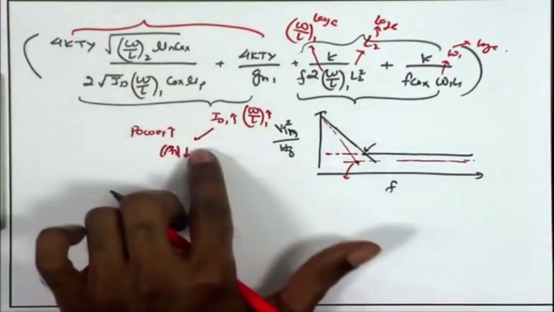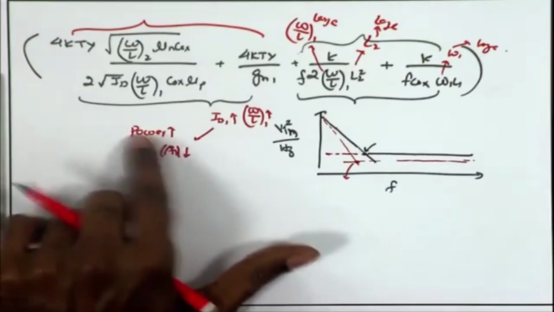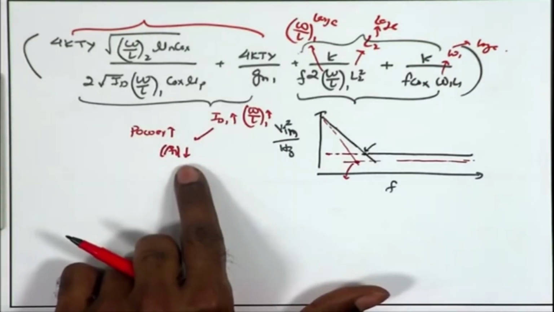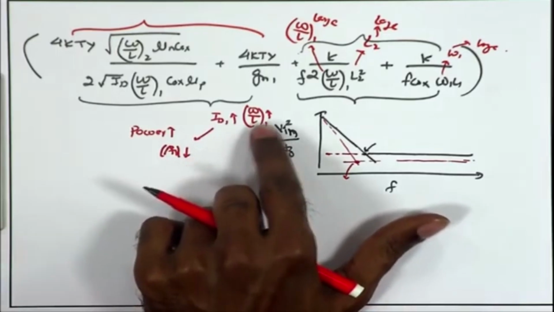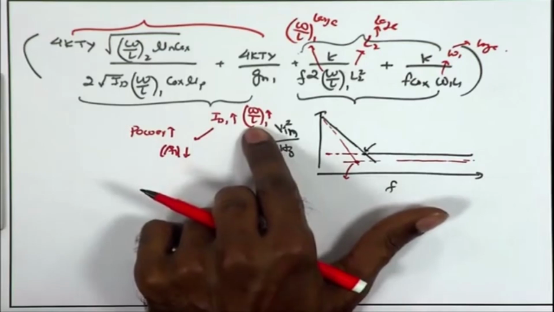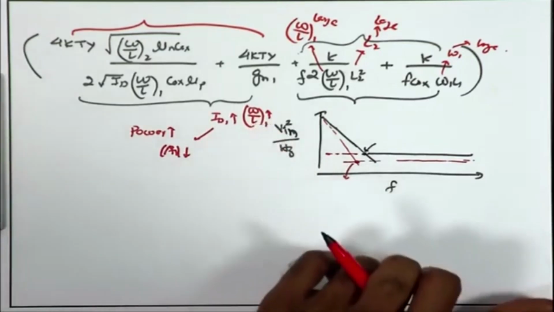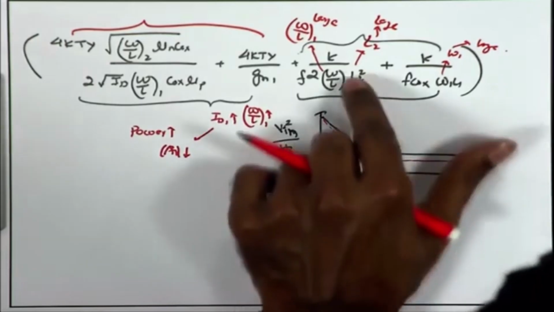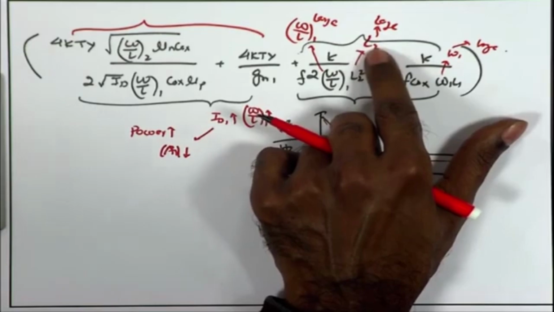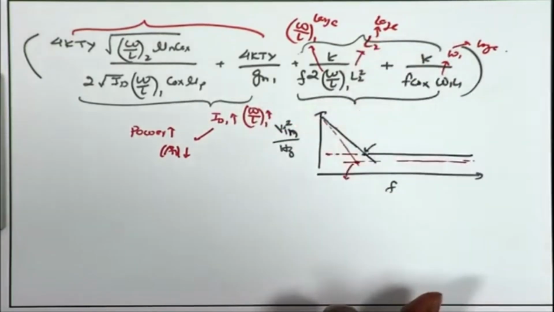Bandwidth may also improve, and that is a good point, but the disadvantage is the power consumption increases and the gain reduces. If you are increasing the W by L, once again you have the parasitic capacitances increasing, and therefore you are going to get reduction in the bandwidth. And likewise, if you are increasing the L2, once again parasitic capacitances as well as the resulting bandwidth will be negatively impacted.